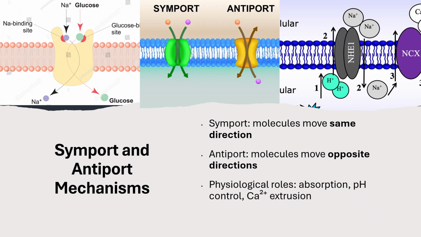In the cardiac muscle, the sodium calcium exchanger uses the same principle but applies it to calcium. Sodium enters as calcium is moved out, allowing the cell to lower its calcium concentration after each contraction. This antiport exchange is one of the key steps that lets the heart relax smoothly between beats.